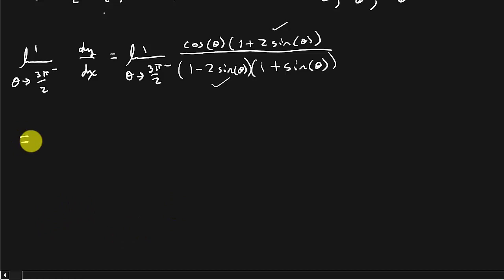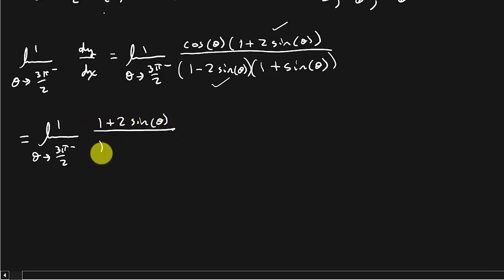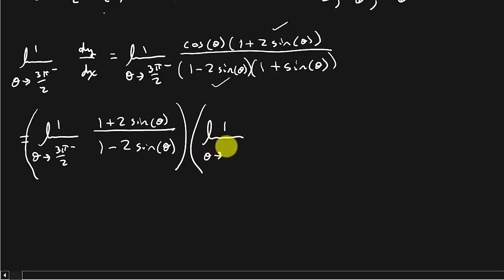So how about we do this? Let's write the limit as theta goes to 3π/2 from the left of (1 plus 2 sine theta) over (1 minus 2 sine theta), times the limit as theta goes to 3π/2 from the left of cosine theta over (1 plus sine theta).